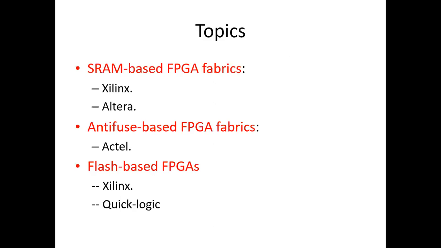Now we are moving to different things. So we understand this is the sequential type PLD, and when we consider the FPGA, again it is divided into three types. The first one is SRAM based FPGA.